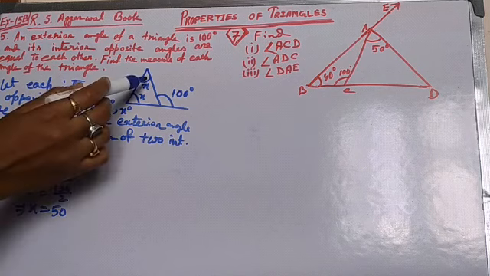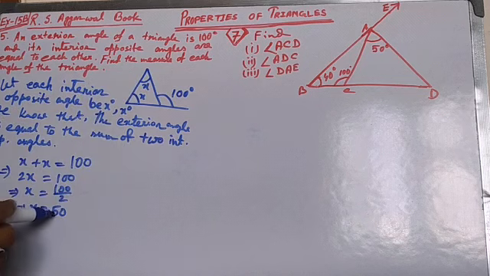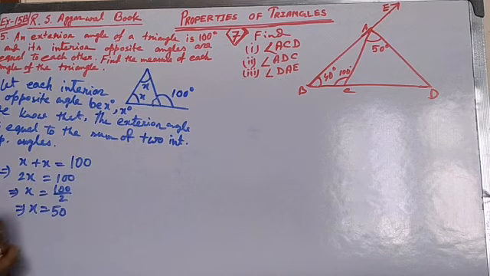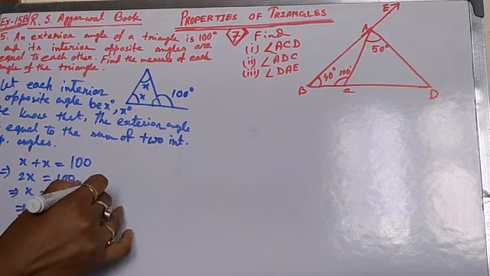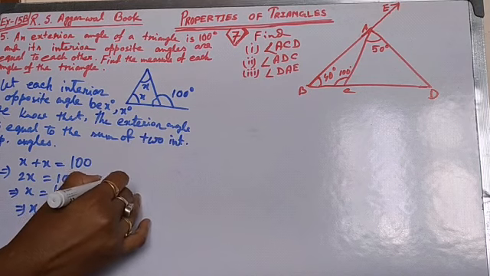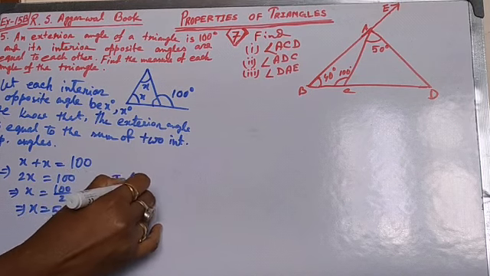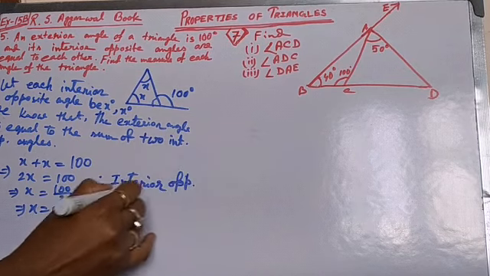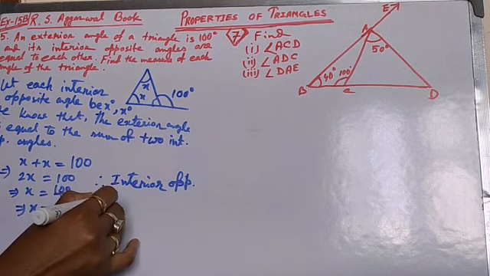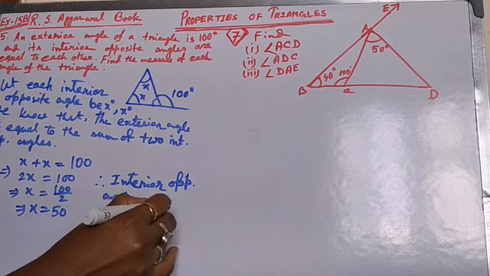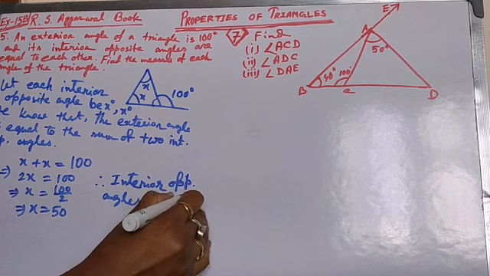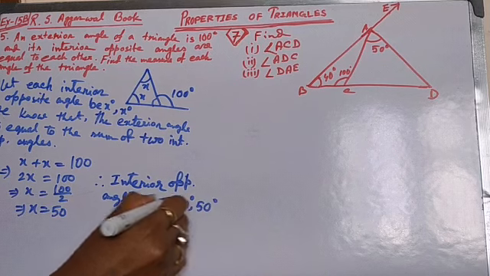So the two interior opposite angles are 50 degree and 50 degree. Then what will be the third angle? Therefore, the interior opposite angles are 50 degree and 50 degree.